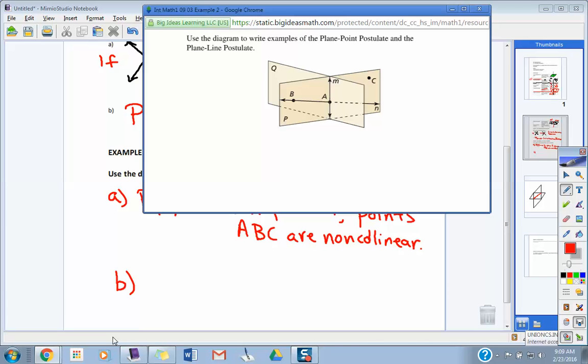Okay, so it says use the plane point postulate. We already did that. And then the plane line postulate. We're going to say planes Q and P intersect at line what? M. That's what that says.